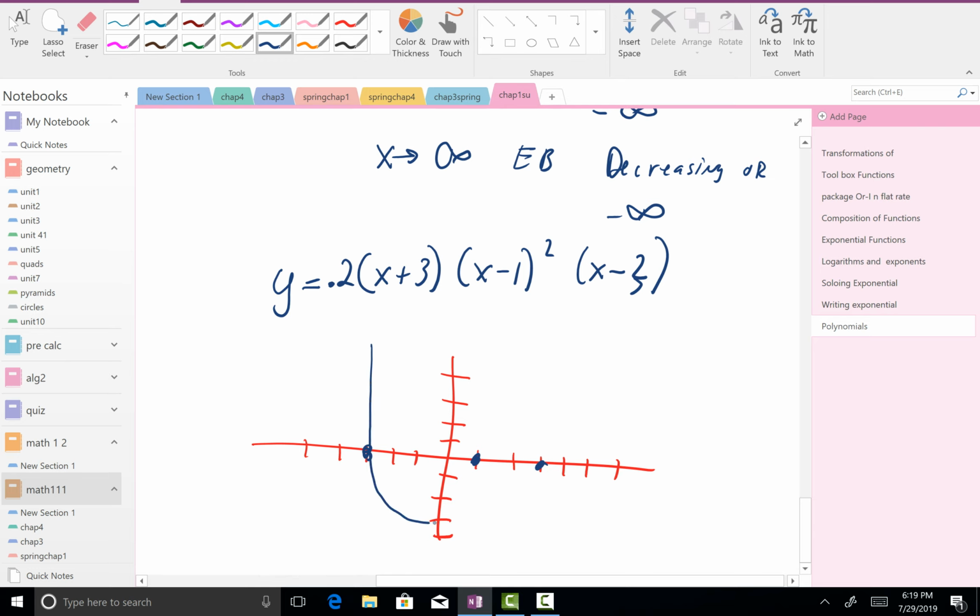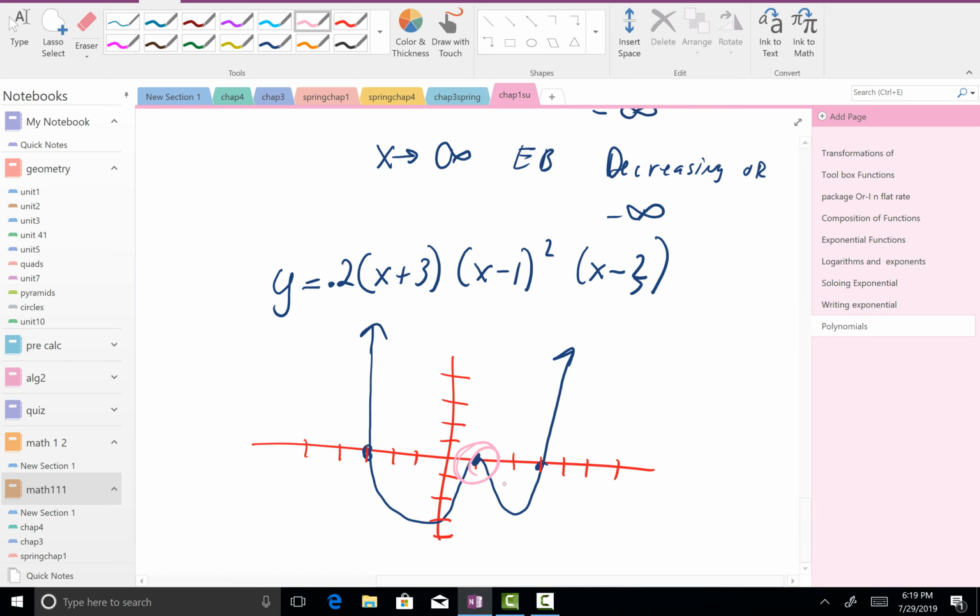So this thing should go like this. The question is that we got 3 x-intercepts, but there's something happening at this one. Here it goes through it, but here, what's happening? It stops, bounces off, comes back down and passes through.